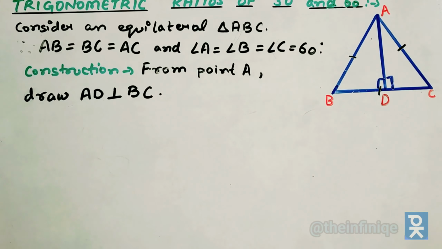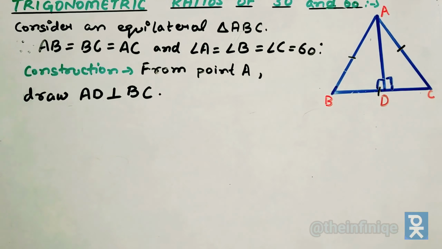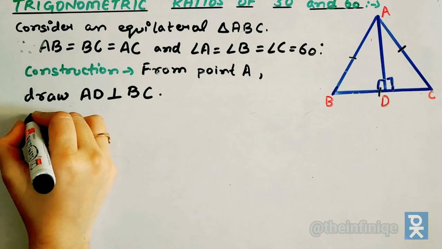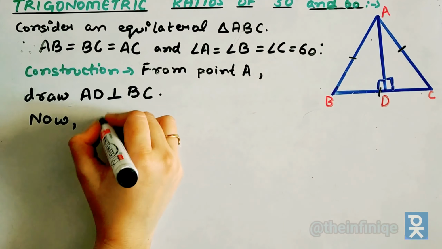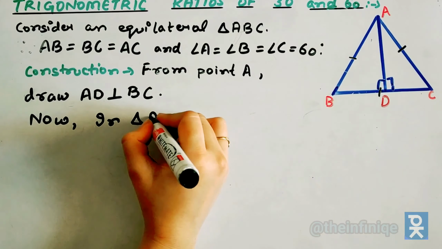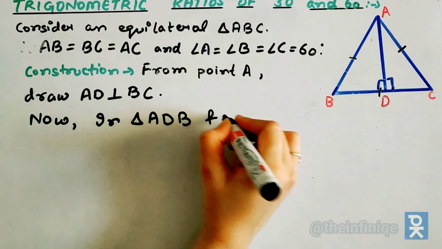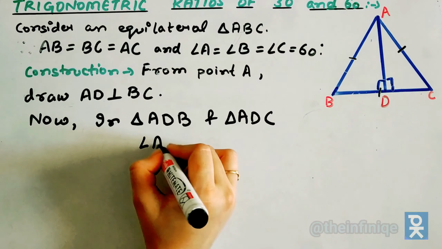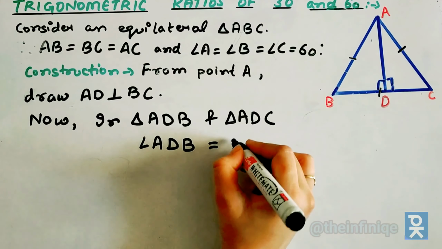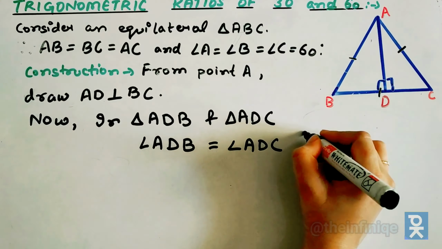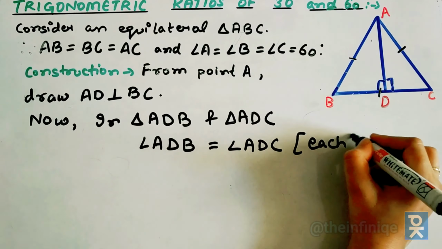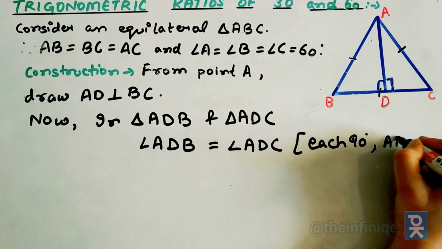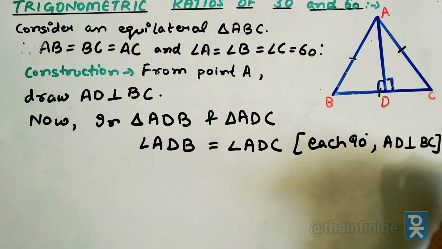From this we have two triangles, triangle ADB and triangle ADC, and we will prove their congruency now. In triangle ADB and triangle ADC, angle ADB is equal to angle ADC because each is 90 degree as AD is perpendicular to BC.